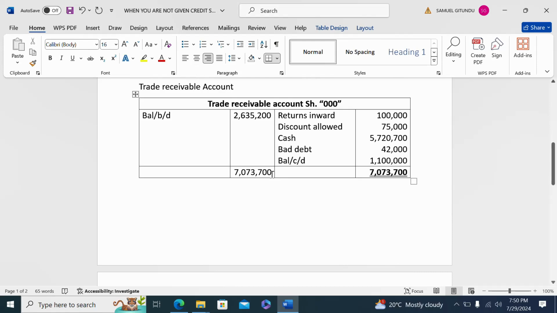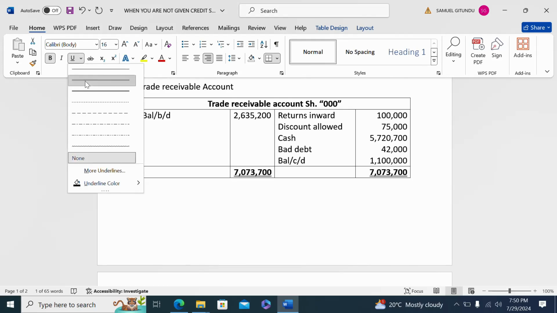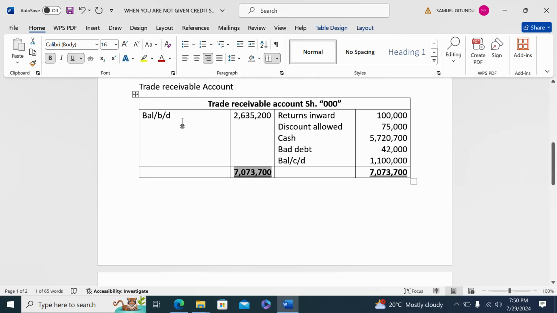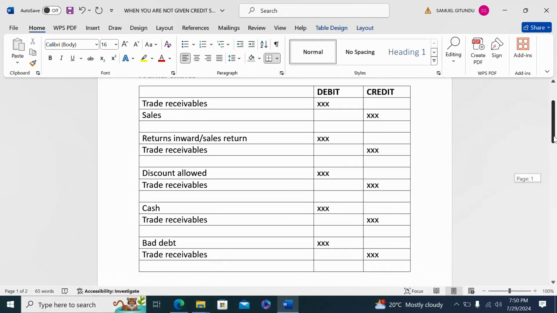So let us put this one in bold and we underline it to signify that it is the balance. So the balancing figure here is on the debit side of the trade receivable account, because remember, when we were starting this lesson, we said that when goods are sold on credit, you credit the sales account and debit the trade receivable account.